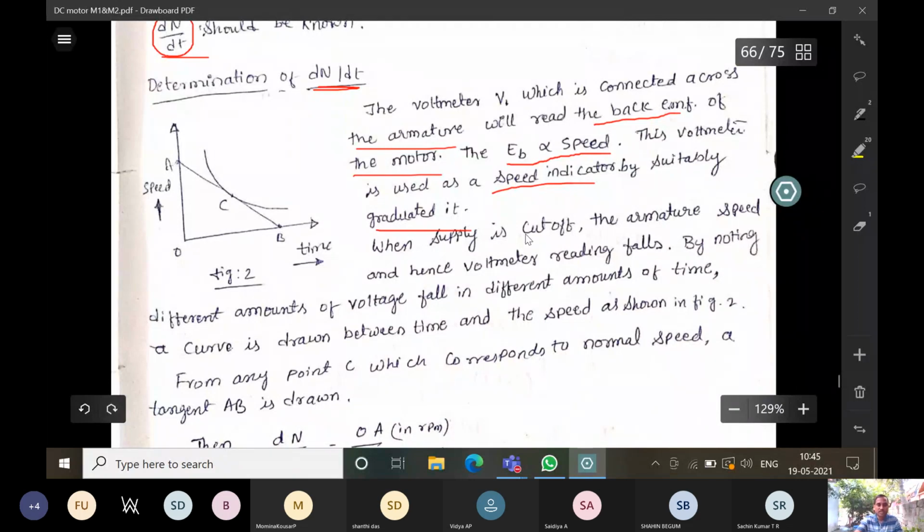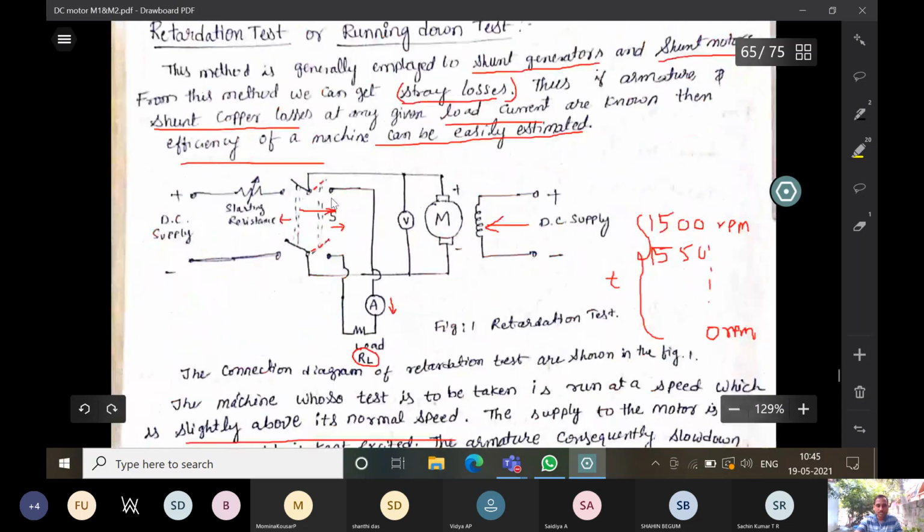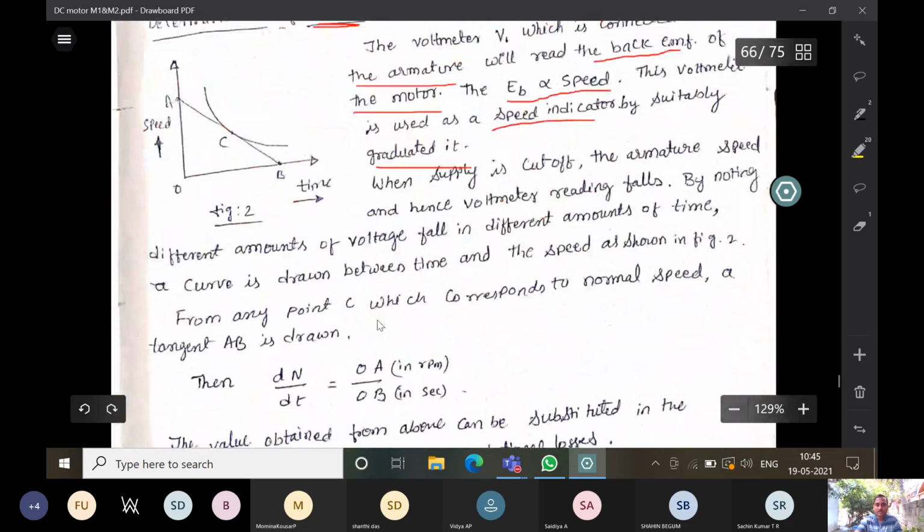So when the supply is cut off, switch off the supply. After that, the armature speed and hence the voltmeter reading both will fall with respect to time.